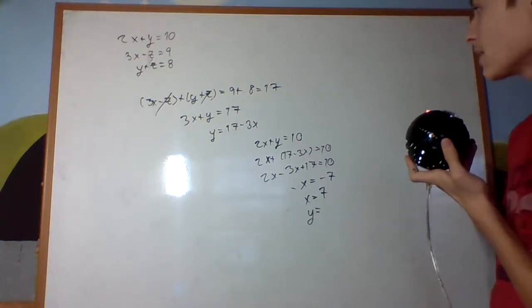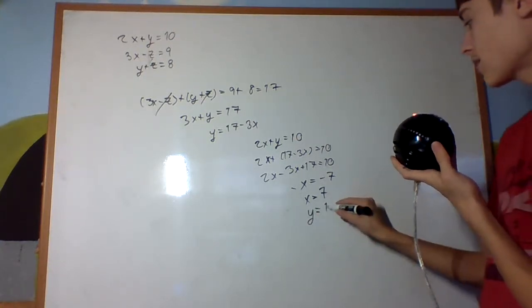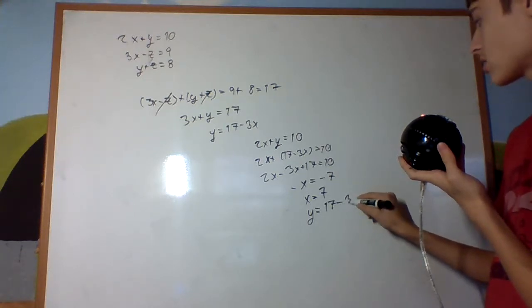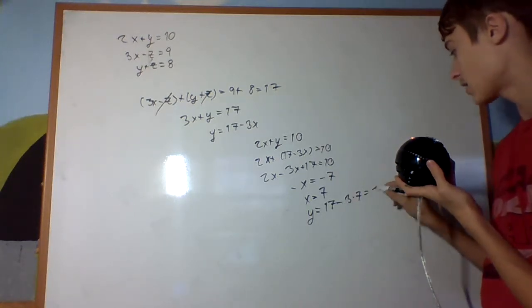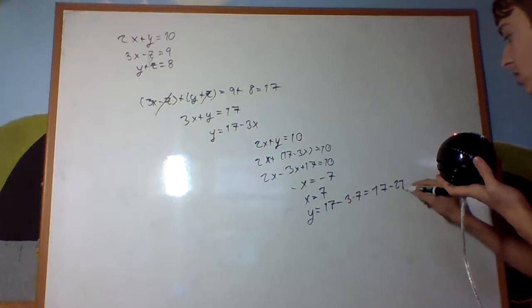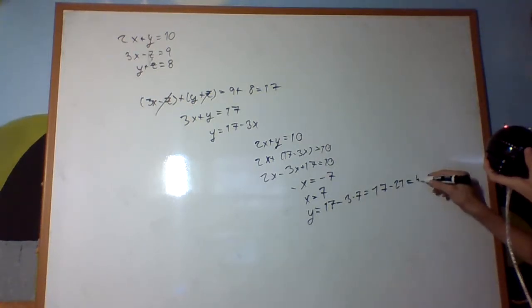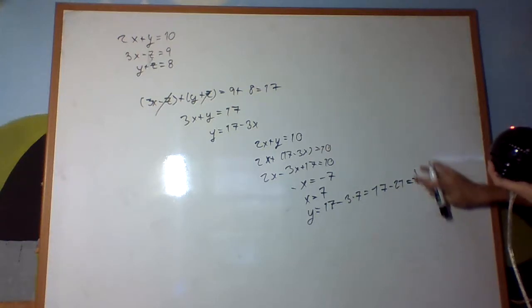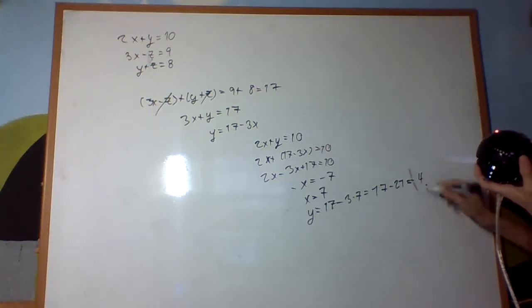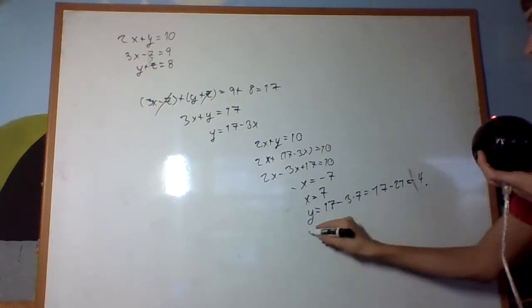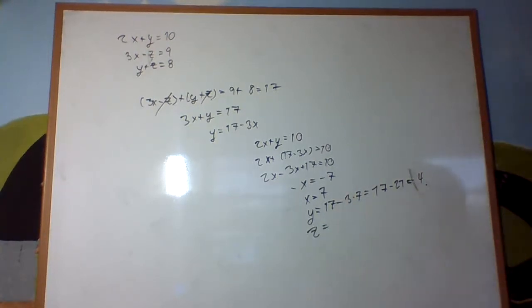It's going to be 17 minus 3x. So what's 17 minus 3 times 7? That's going to be 17 minus 21. Well, it's going to be negative 4.